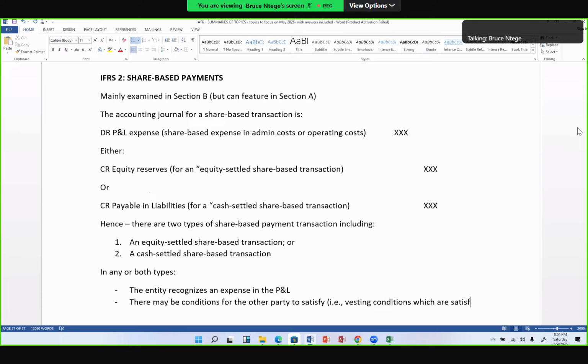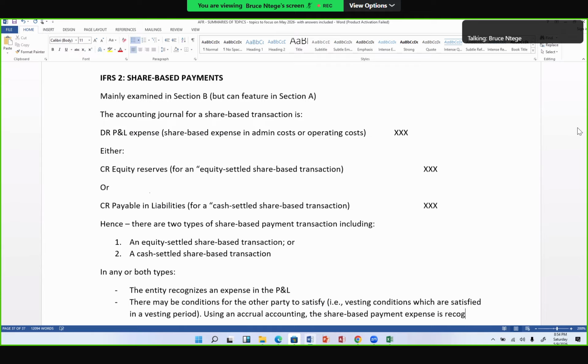We use accrual accounting to recognize the share-based payment expense in that period, allocated on a straight line basis over the vesting period.